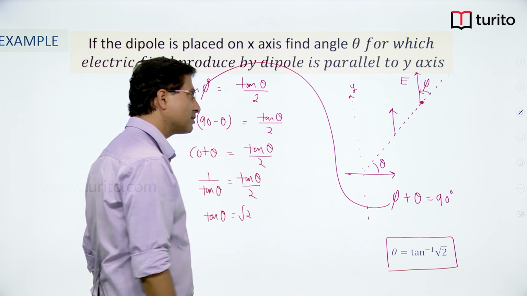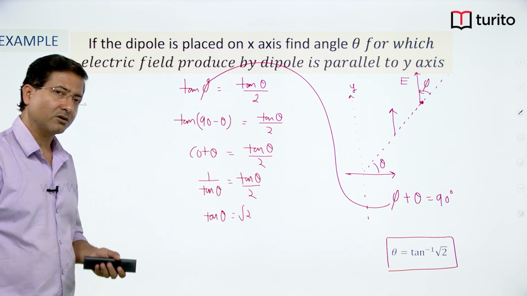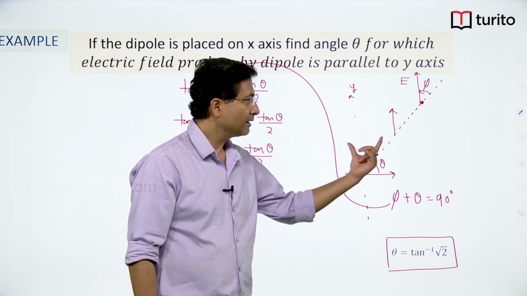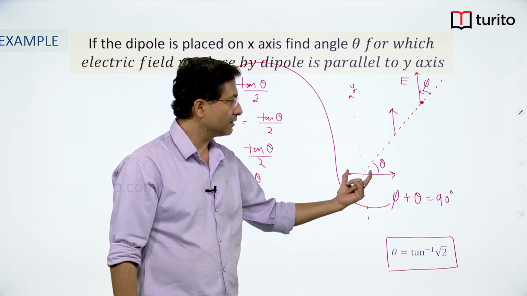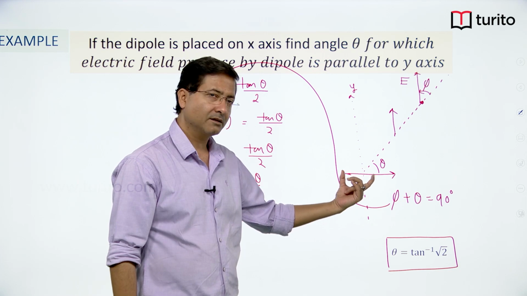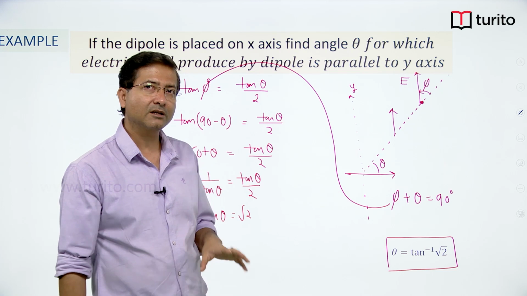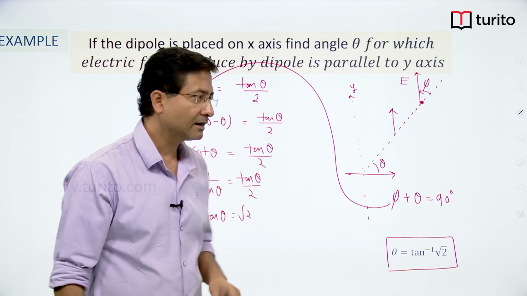So we use the result after approximation. The final outcome will be valid only when the approximation is valid. So the separation between positive and negative charge must be very small as compared to this separation, then only this result is valid, right.